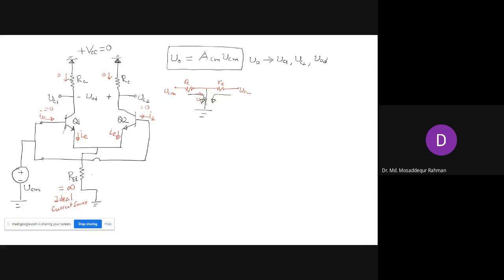And these currents will flow in this direction. They will flow down, right? From this part and from this part, right? They will flow down.